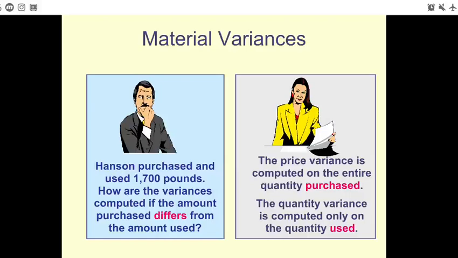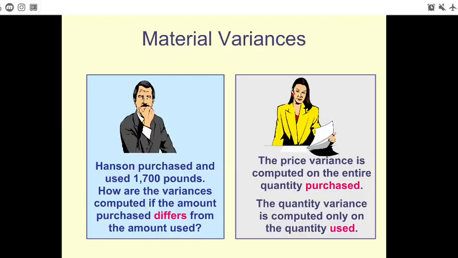Let's say for this company, the company purchased 1,700 pounds of material. When the company runs the production, most of the time the company will use less, because when a company purchases raw material, they always purchase more than the quantity that they want to use.